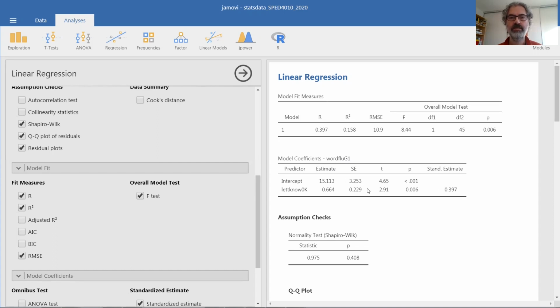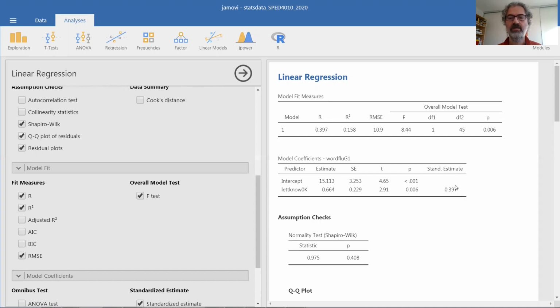In terms of this analysis, what does this mean? Instead of interpreting the slope in terms of the actual measured units, like this one, the regular non-standardized slope is how many more units of word fluency, so how many more words per minute, a child is predicted to read if they know one additional letter in kindergarten.